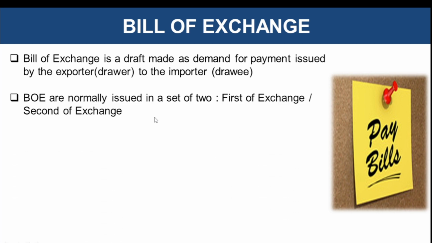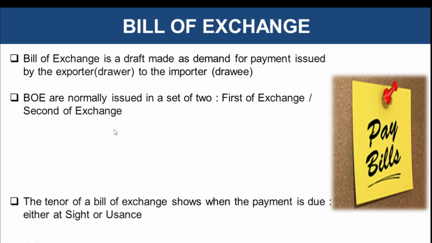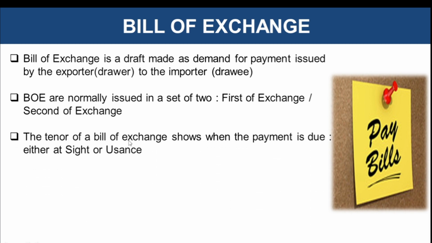Now let's see. Bills of exchange are normally issued in a set of two, first of exchange and second of exchange. This is how it is referred to. The tenor of a bill of exchange shows when the payment is due.